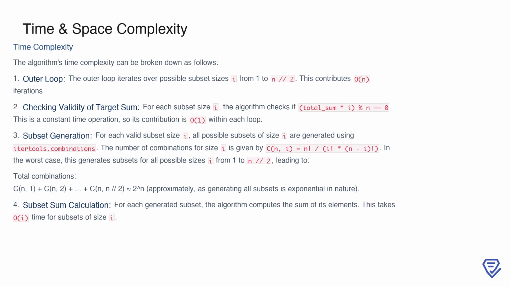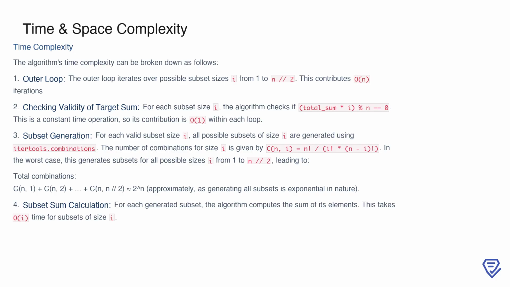Now, for each valid subset size i, the algorithm generates all possible subsets of size i using itertools.combinations. The number of such combinations is given by the formula C(n, i) equals n! / (i! * (n-i)!).